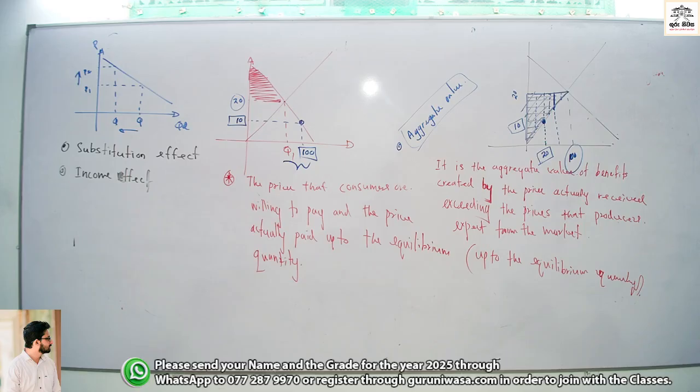Another point is it is calculated up to the equilibrium quantity, not more than that. Then write down these two definitions and the graph. Show the consumer surplus and producer surplus.